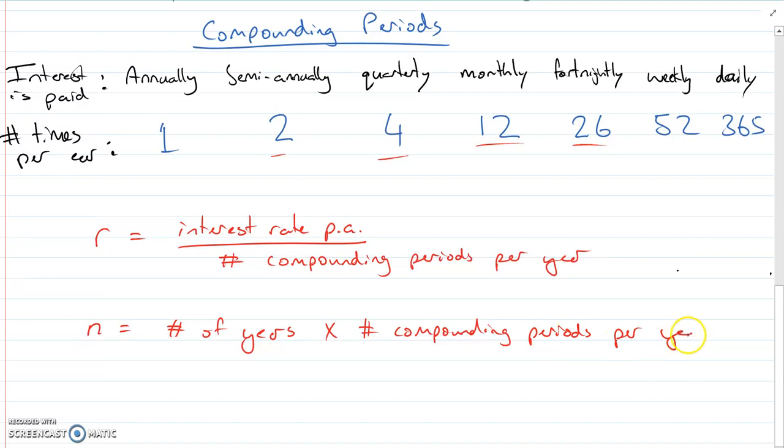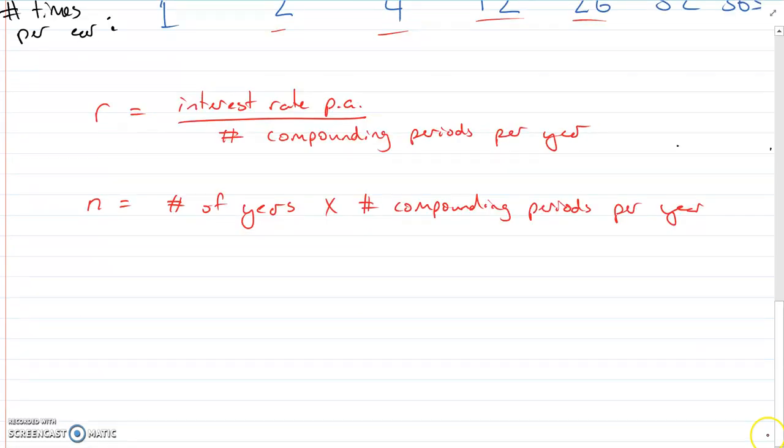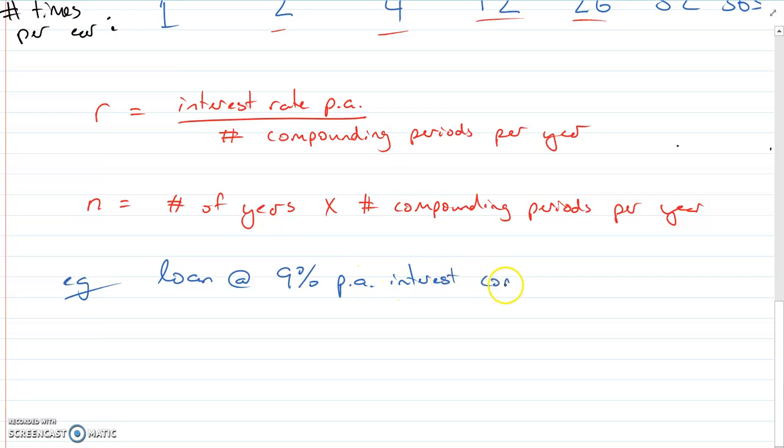So for example, a loan at 9% PA interest, compounded monthly for 7 years.